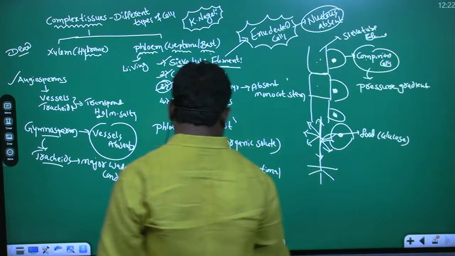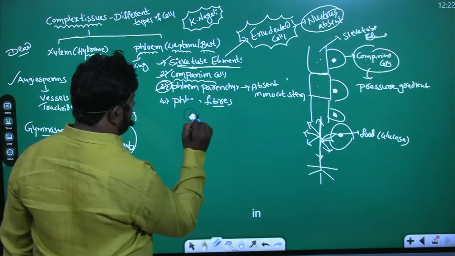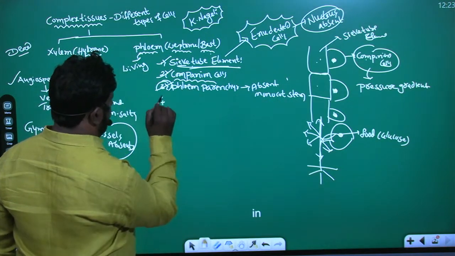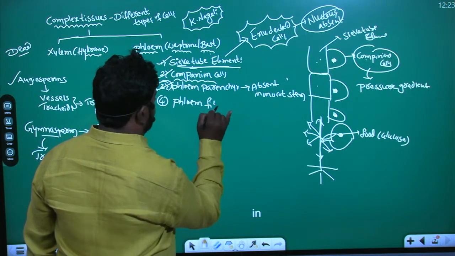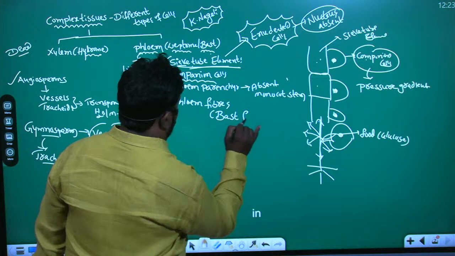See, look here. Phloem fibers are also called, write in bracket, the fourth type, phloem fiber. These phloem fibers are also called bast fibers.